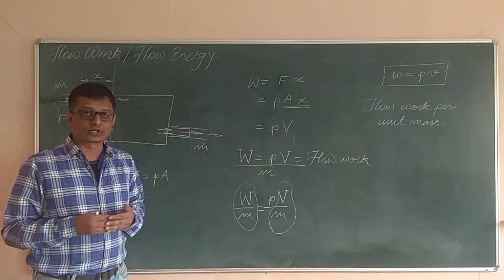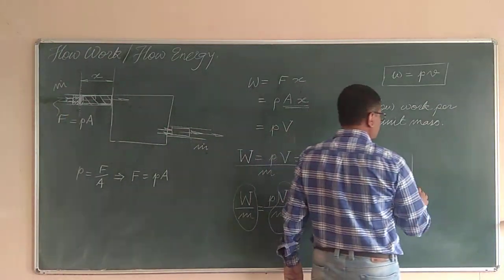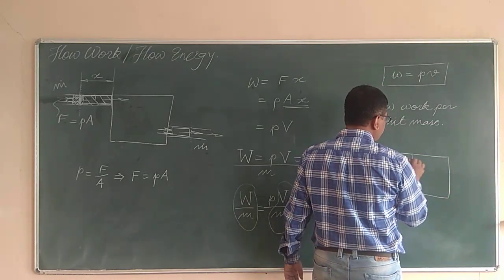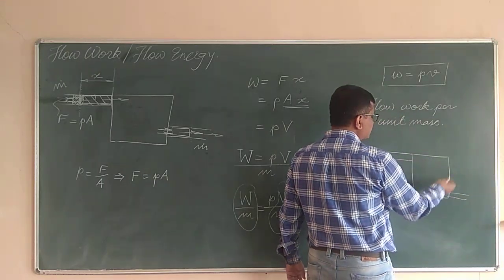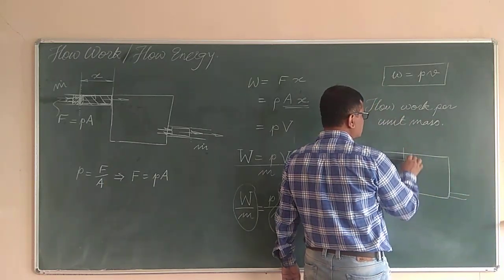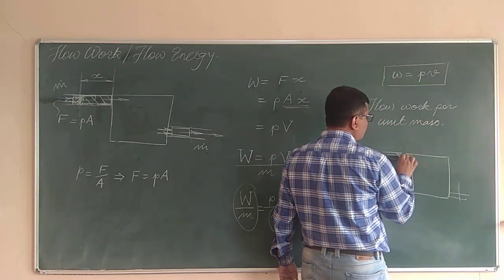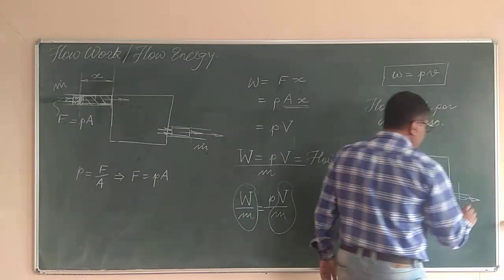But in the case of a closed system, say I take a device like a turbine, compressor, or engine, and it is running, and I cut down the supply over here. Before I cut down the supply, there was some fluid flowing into the system and fluid going out of the system.